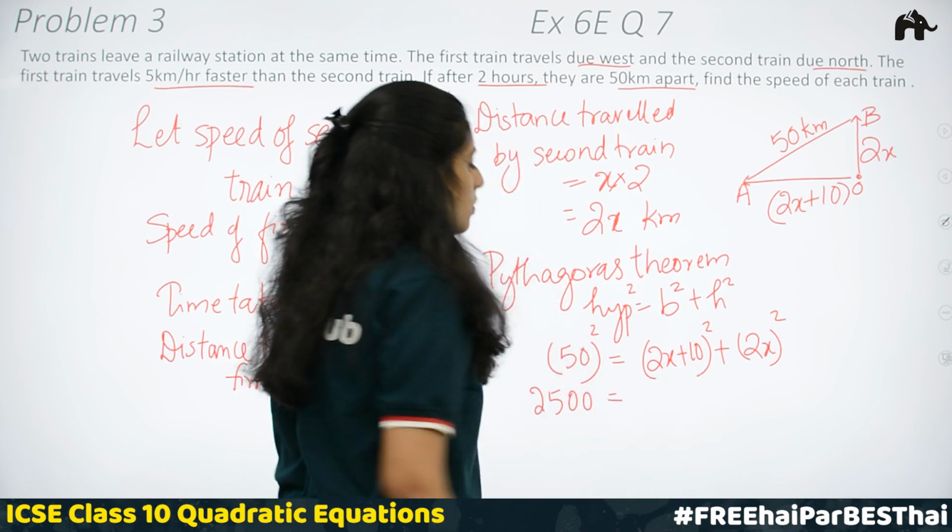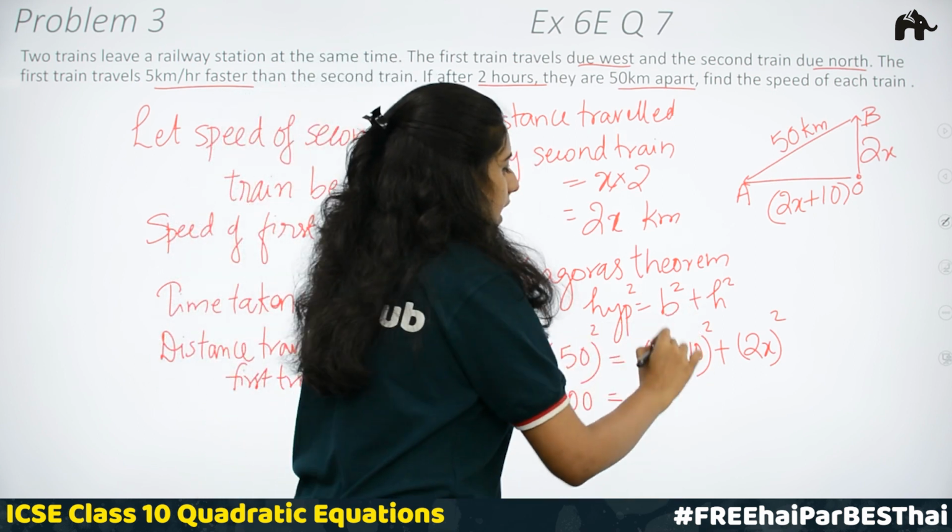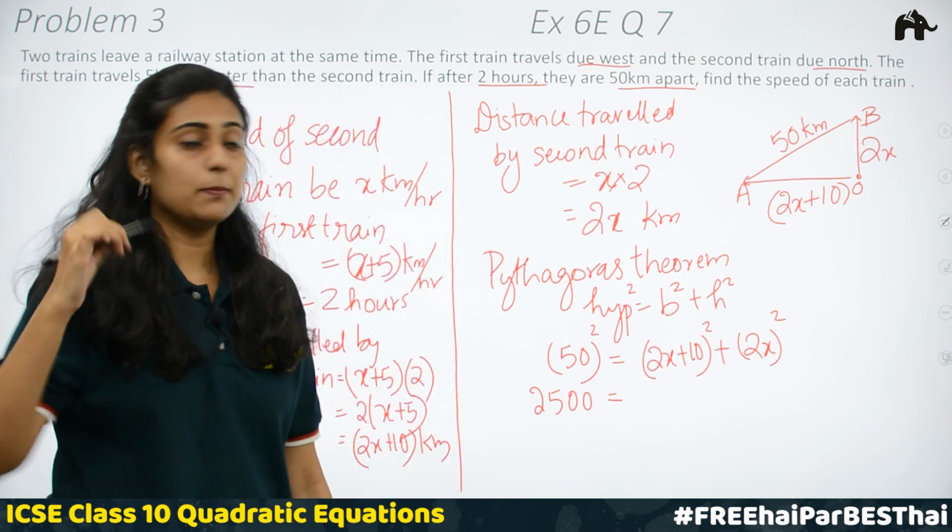50 square is 2500. 2500 is equal to 2x plus 10 whole square plus 2x square. (a plus b) whole square is a square plus 2ab plus b square.